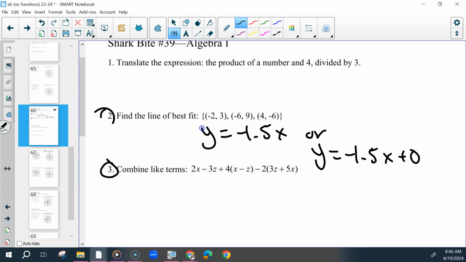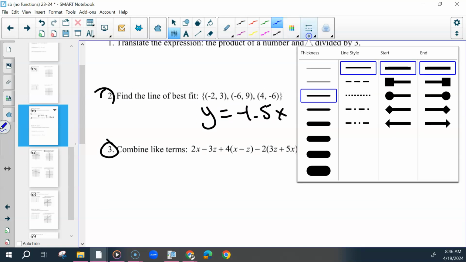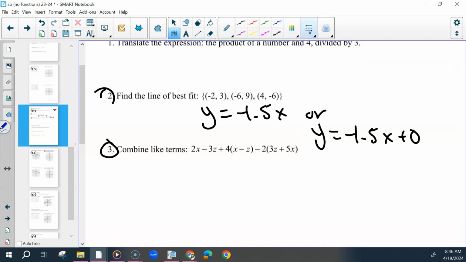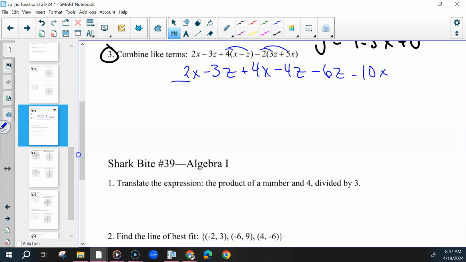For number 3, combining like terms, we would need to distribute. So we have 2x minus 3 plus 4x minus 4z minus 6z minus 10x. And then combine all your like terms. 2 plus 4 minus 10, so this would be 6, minus 10 is negative 4x.